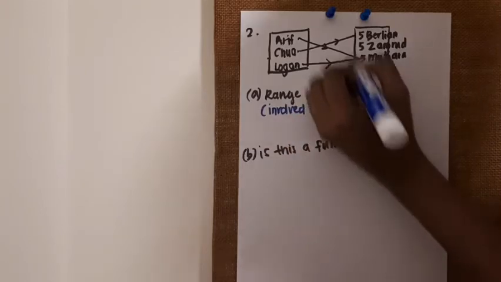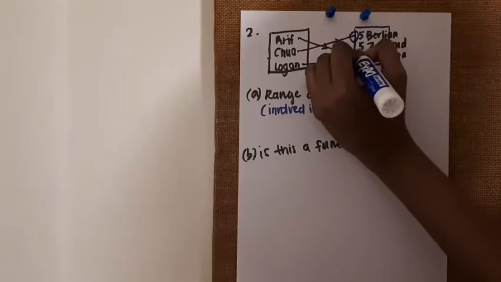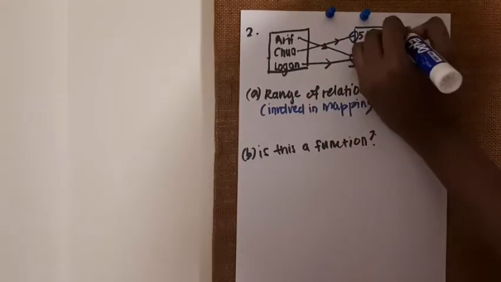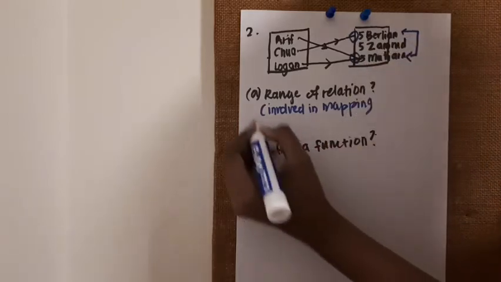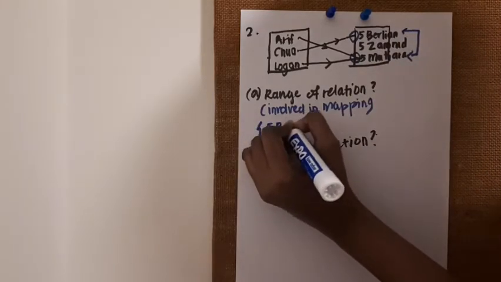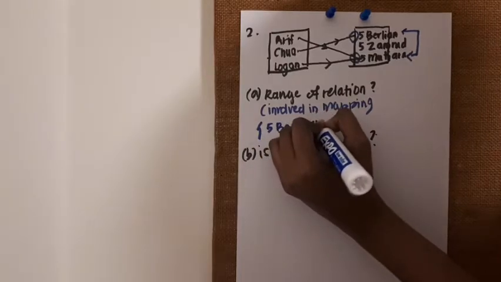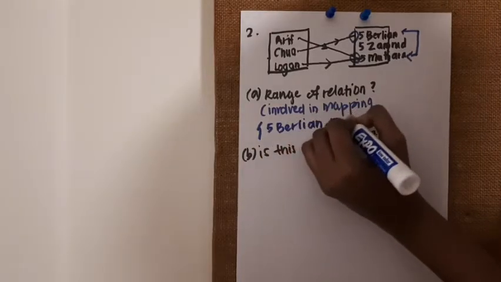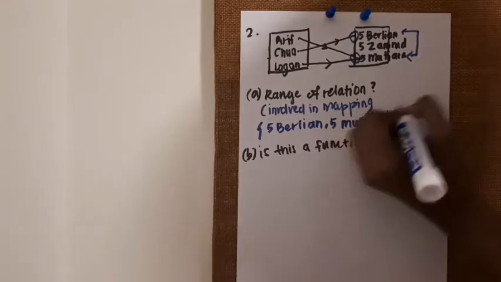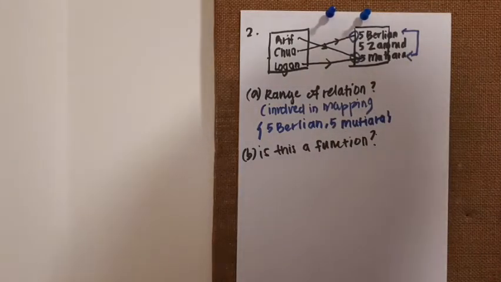If you can see here, what is involved in the mapping is just 5 Berlian and 5 Mutiara. So you just write down 5 Berlian, 5 Mutiara, and that's all. As simple as that.